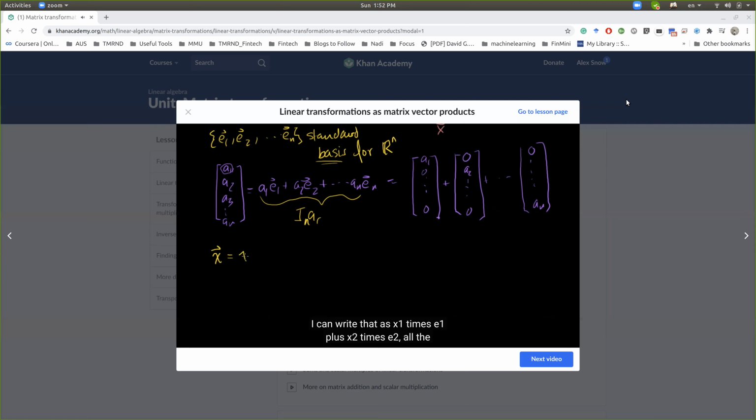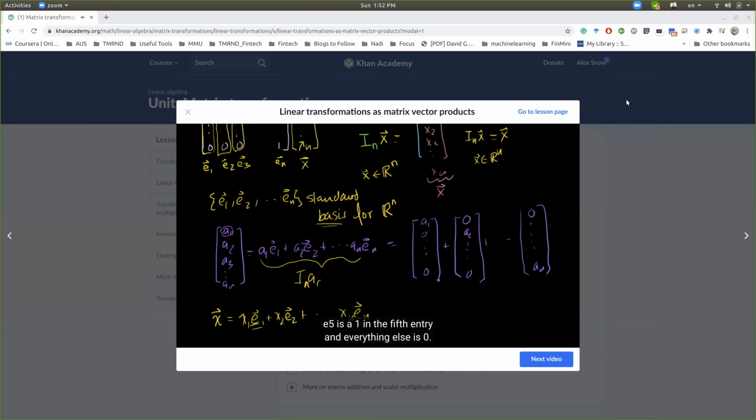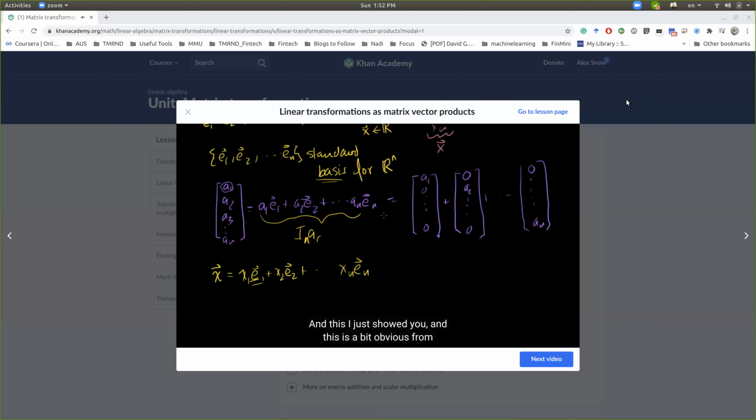So I can write that as x1 times e1 plus x2 times e2 all the way to xn times en. And remember, each of these column vectors, like e1, is just 1 in the first entry, and then all the rest are zeros. e2 is a 1 in the second entry, and everything else is 0. e5 is a 1 in the fifth entry, and everything else is 0. This is a bit obvious from what I just showed you.